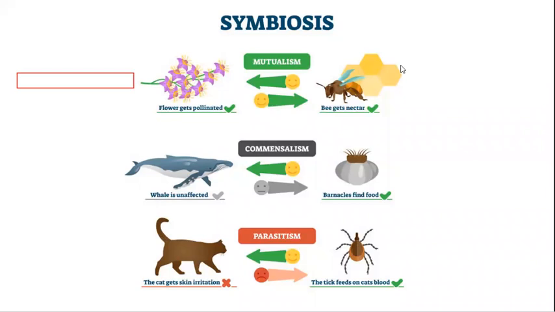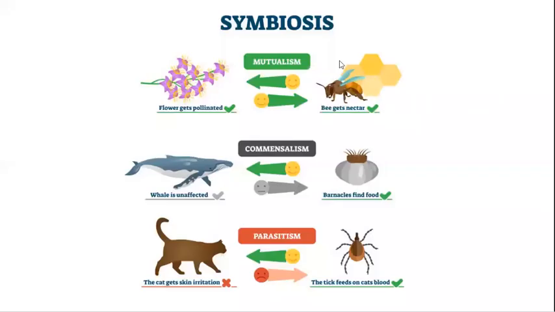Again, what's symbiosis? Symbiosis is a long-term relationship between two different organisms. We have here flowers and bees, whale and barnacles, cat and ticks. Three types of symbiotic relationships.